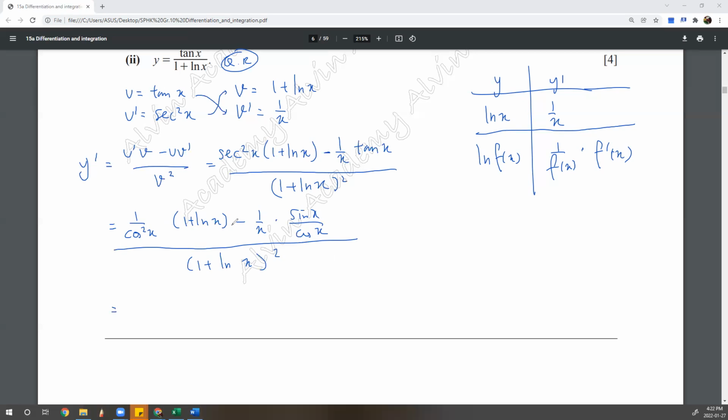I can get out 1 over cos x. So the rest is 1 over cos x, 1 plus ln x, right? Factorize the number, minus sine x over x. Wasting time, but again, we have to prepare for the worst. Over ln x square. That's it. But I think this is already enough.